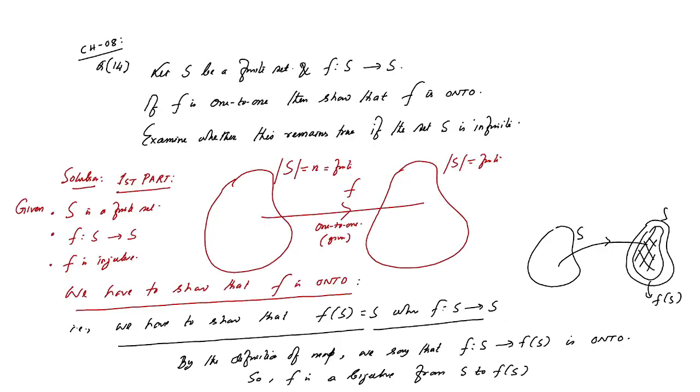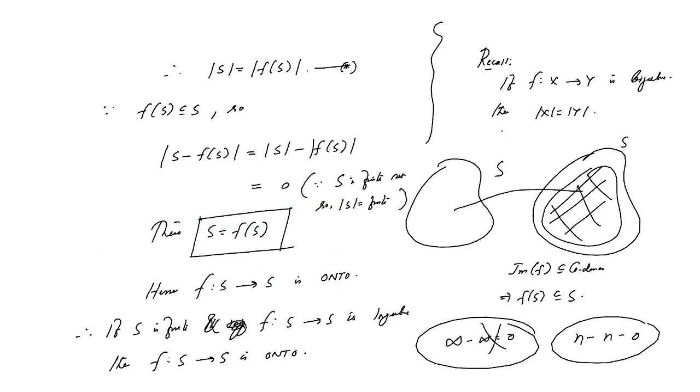But the next question is to examine whether this remains true if S is infinite. No. This will be invalid if S is infinite. This is not true. But okay, we will show the counterexample why it is not true. So that will be the second part.